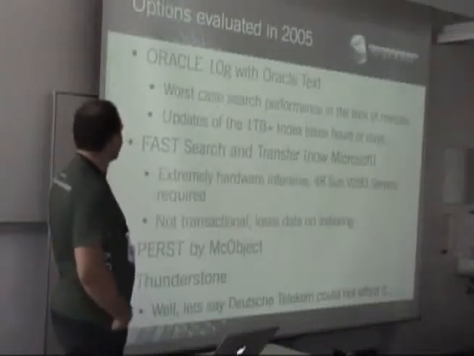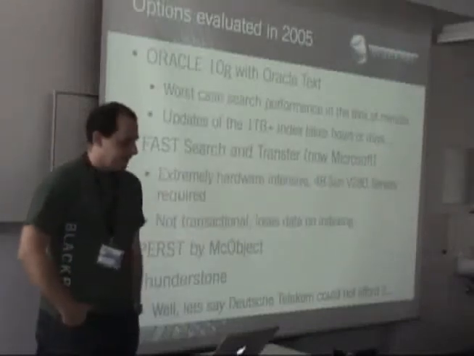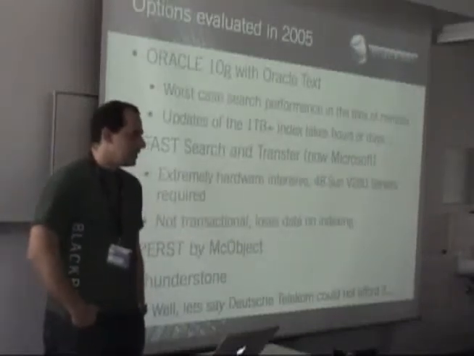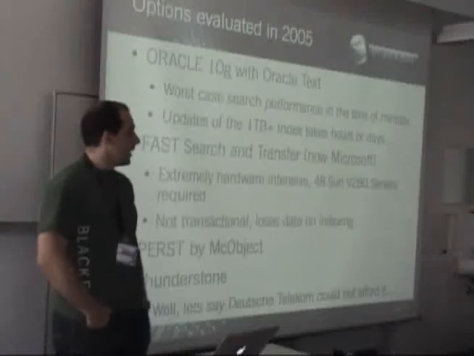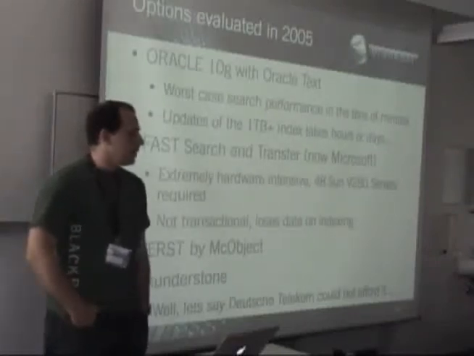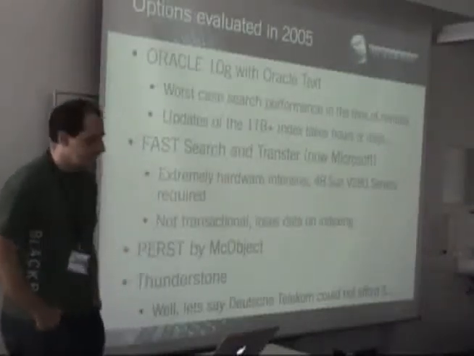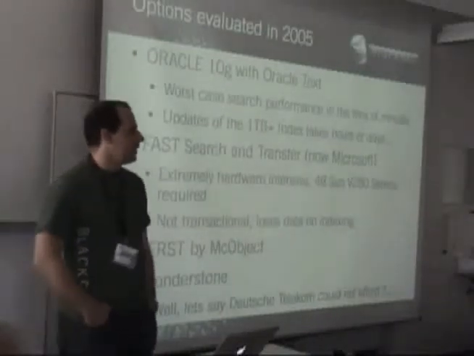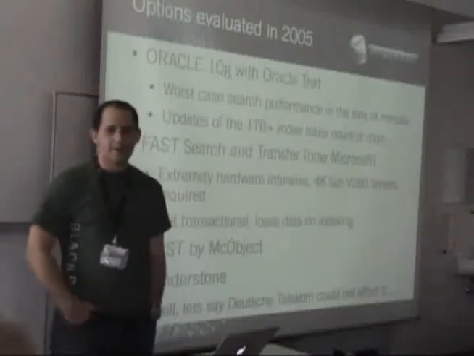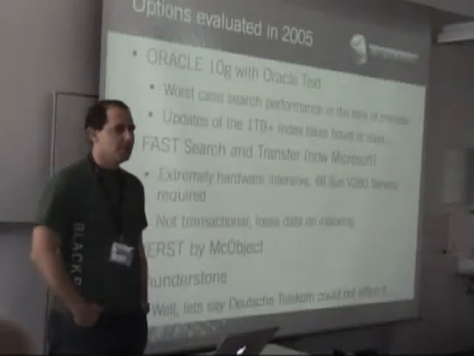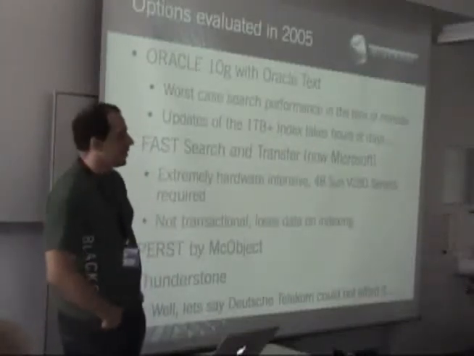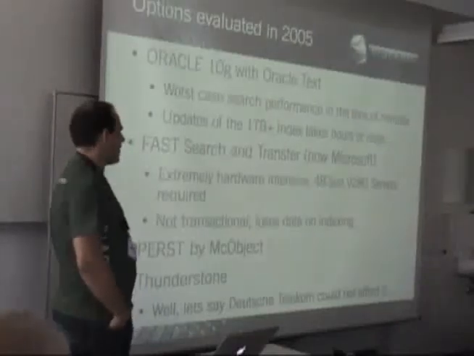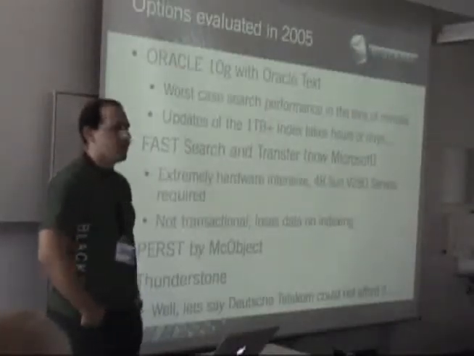Like that was Oracle, where we had worst case search performance, which would take minutes, and essentially lock the index for any other operation. The index, out of the 16 gigs of raw data, was slightly over 1 terabyte. So disk requirements, caching requirements, Oracle RAC clusters, was not practical.